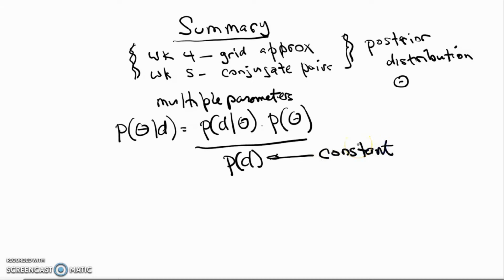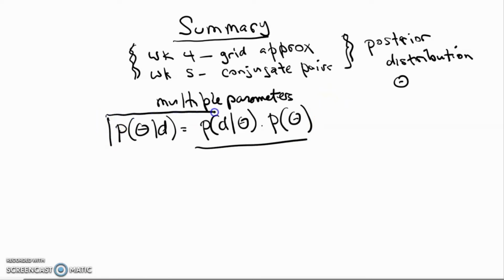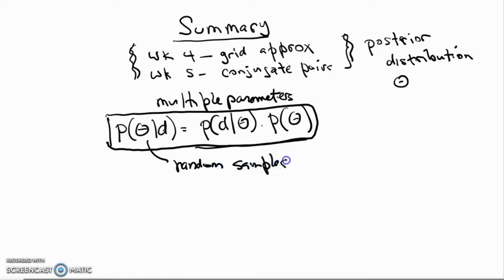And that creates a possibility that we can just ignore this constant. Just calculate this bit. And maybe it will work if we've got some mechanism for taking random samples of this.